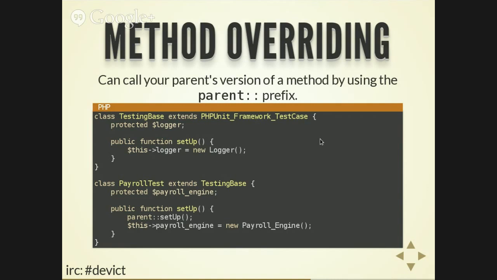From this scope, it would just go one level up to my parent. It wouldn't call the PHP framework's setup, it would just call the parent setup. You can do this in Ruby as well.